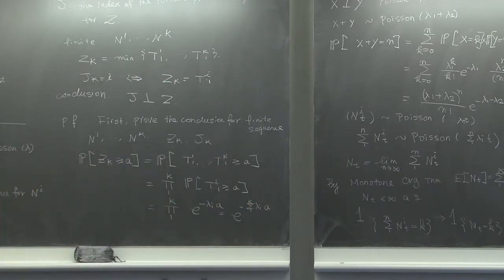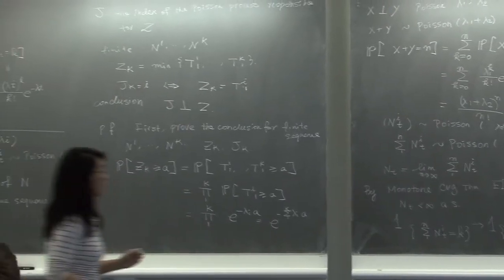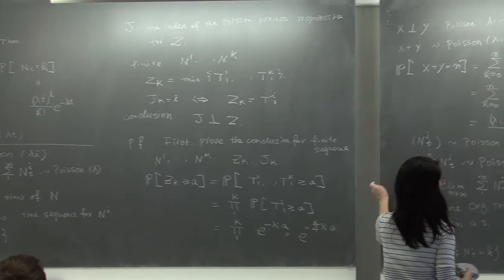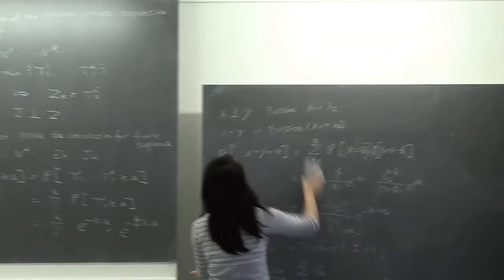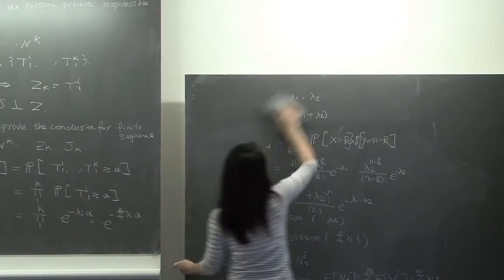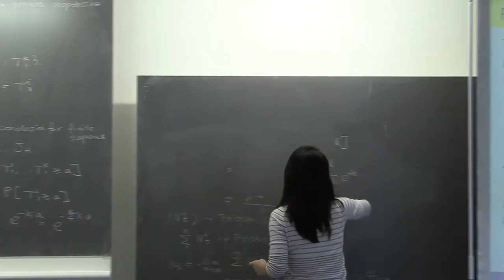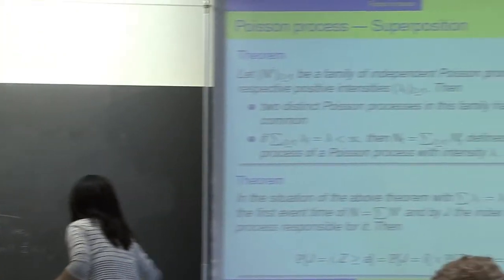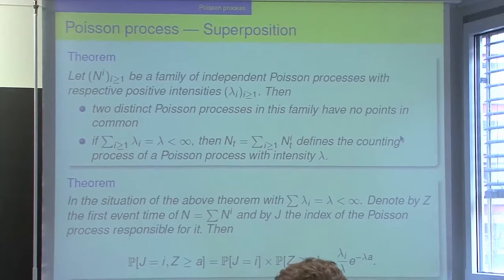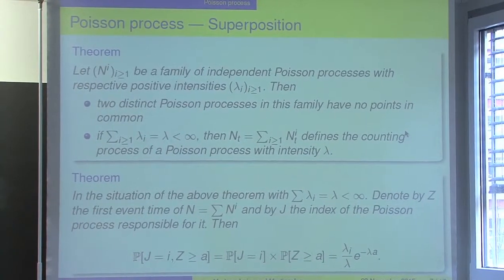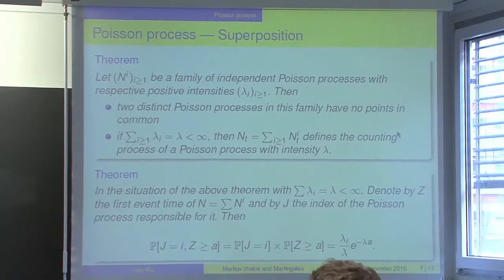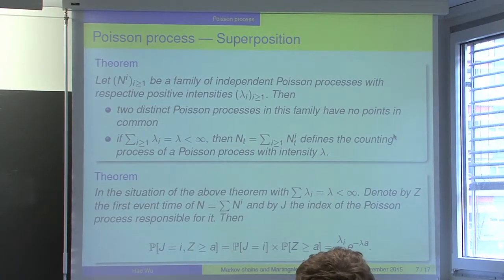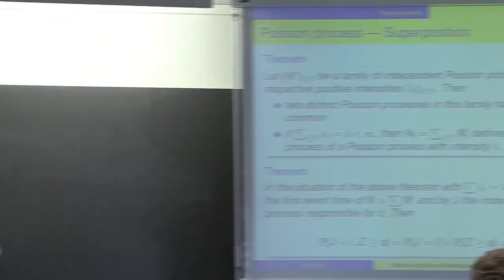It equals this. So now we already know the law for Zk. And then we need to check the joint law of Zk and Jk.